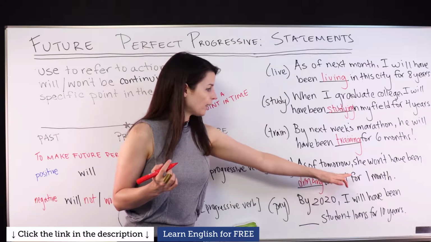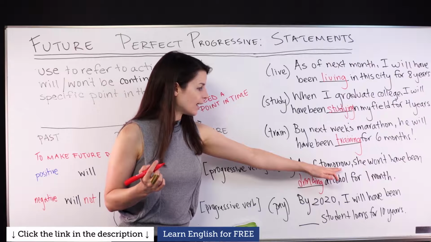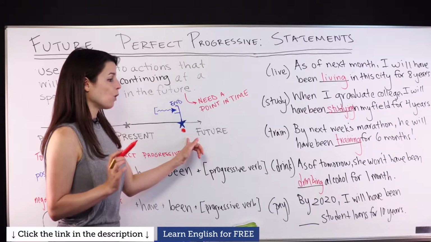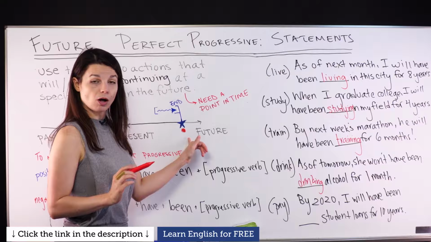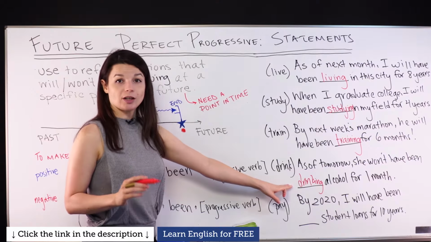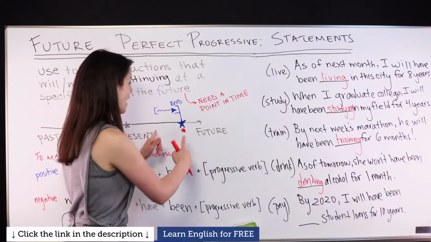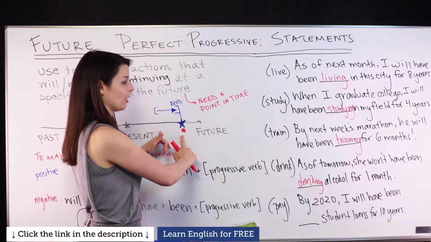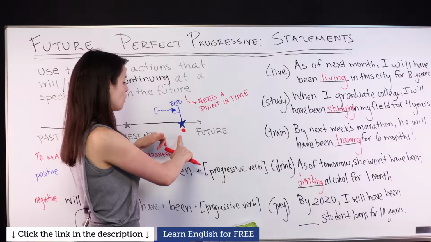So here we have our point in time. As of tomorrow, tomorrow is our point in time. She won't have been drinking alcohol for 1 month. That means this action, drinking alcohol, has not happened, has not been continuing for a period of 1 month.